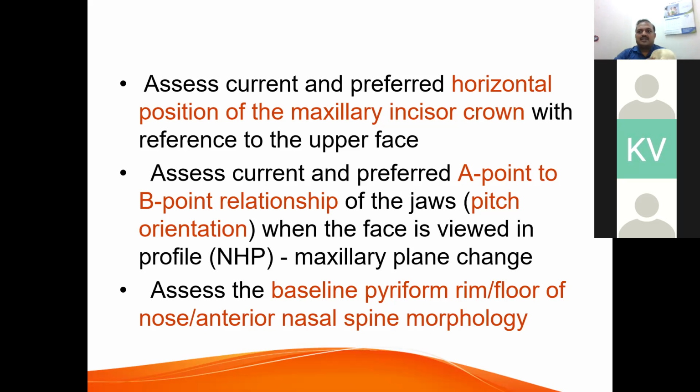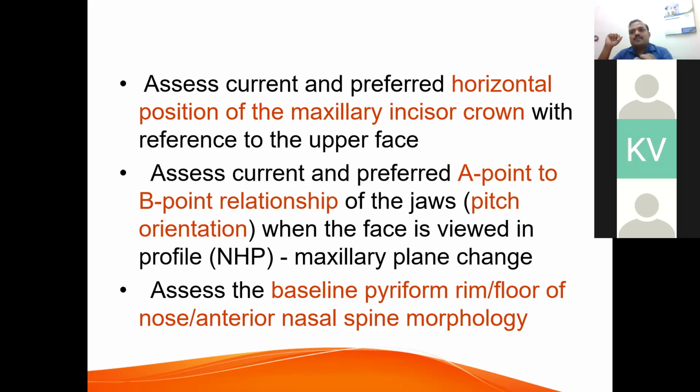By altering the position, we are altering the structures above point A and the structures below point B. The pogonion position can be changed, and above point A, the maxilla and the infraorbital rim position can also be altered. That is the pitch orientation, the front and back. First is the yaw, then the cant correction, and the pitch orientation. It is the fifth assessment.